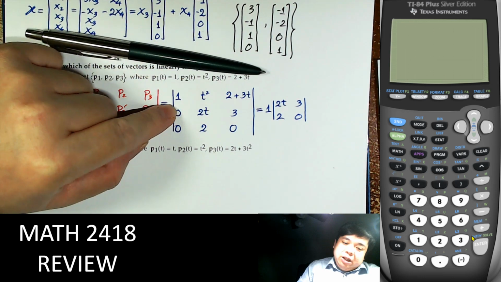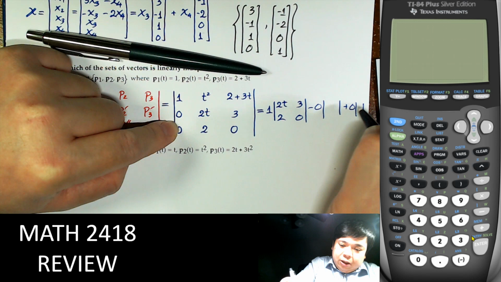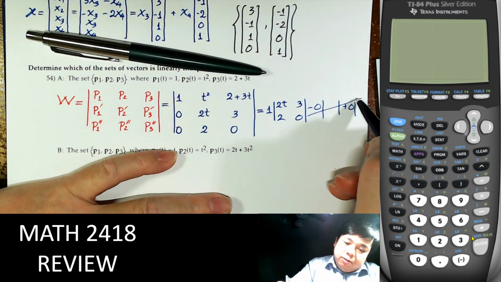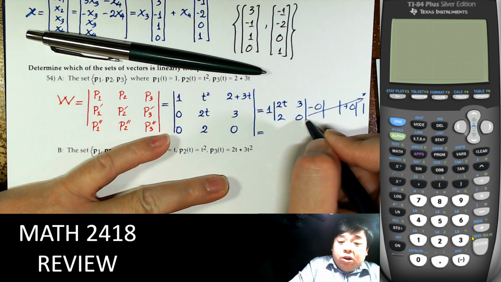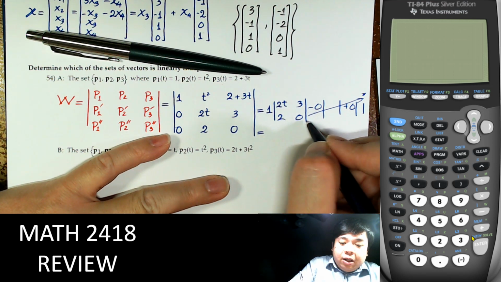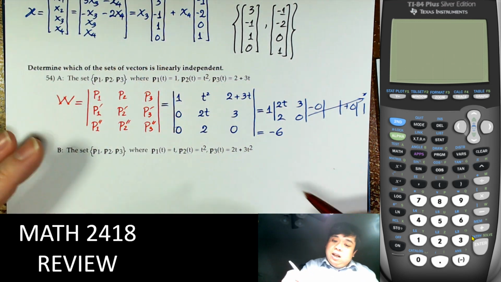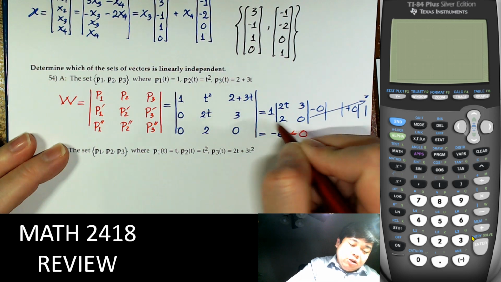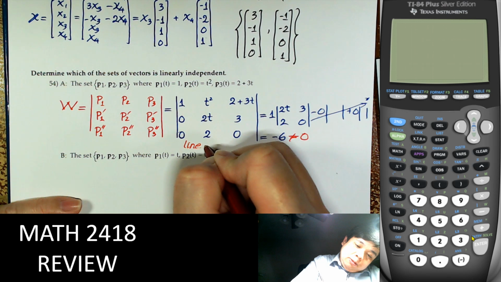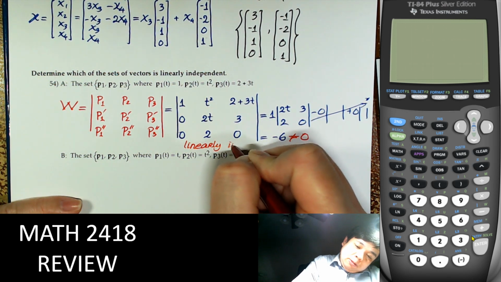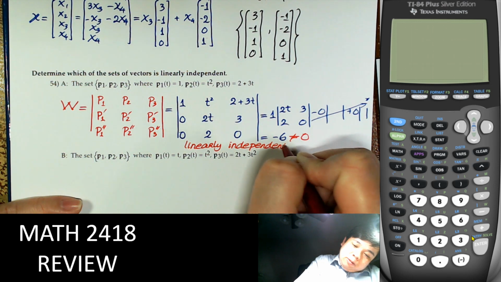The rest is 0. So we have 2t times 0, which is 0, and that gives us negative 6. Since the Wronskian is not equal to 0 for every value of t, they are linearly independent. Just like that.